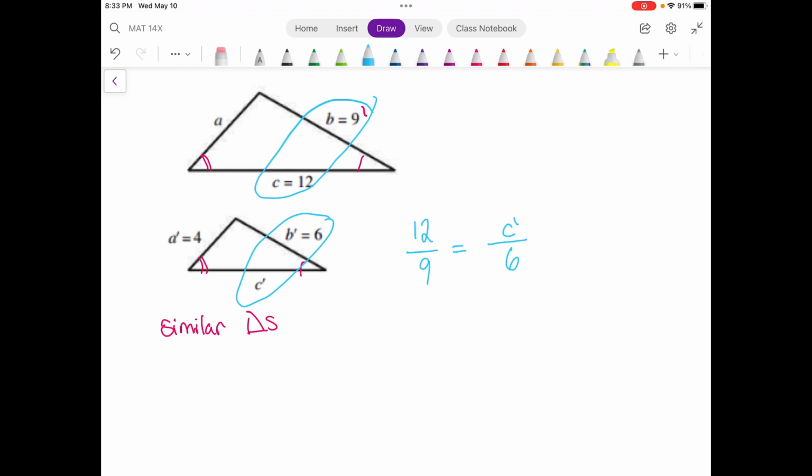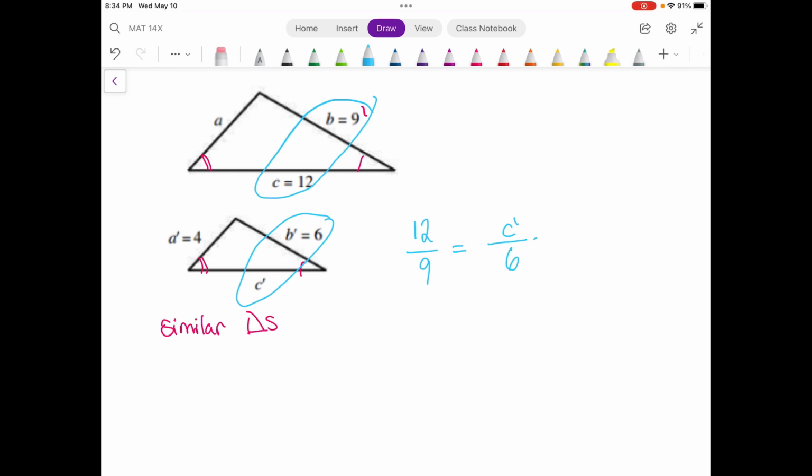So it's like I've set it up so that my C's are both on the tops of my fractions and my B values are both on the bottom. And just like with that previous problem, we want to get C by itself. And I can't clearly see what I'd multiply 6 by to get to 9. Maybe you could notice that it would be 3/2, but maybe you don't.